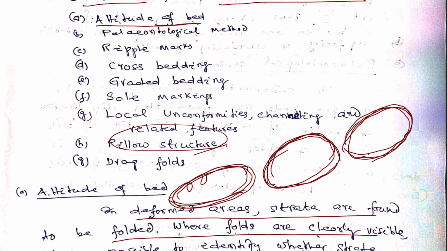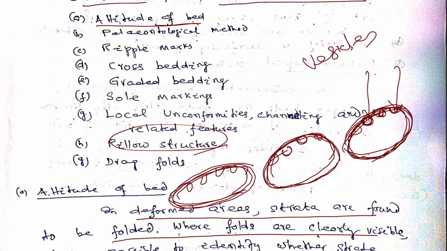But the top portions of the pillow lava present the vesicles or the cavities that represent the place where there is accumulation of gases at the time of cooling and consolidation of lava. And these vesicles, these gas cavities, are always found to be located on the top side of pillows, not at the bottom side. So this is convex and contains the cavities.